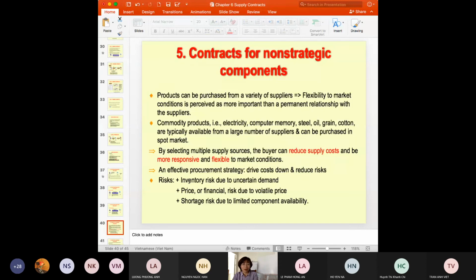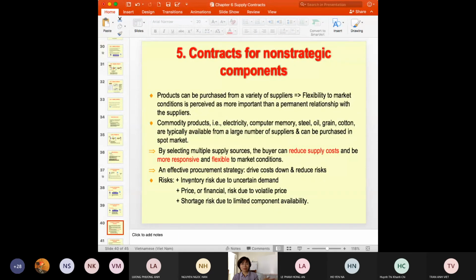It means the buyer can buy their product from different suppliers. So they can see that a supplier offers more discount benefits, and they will have a relationship with that supplier.